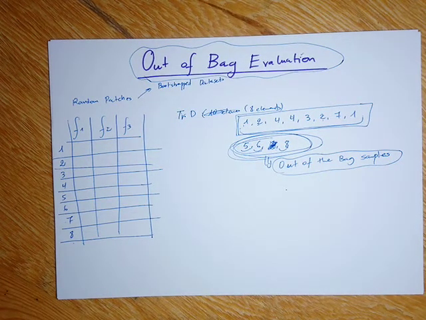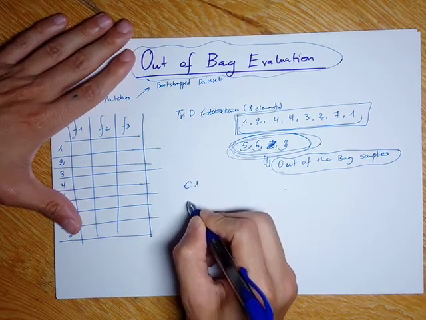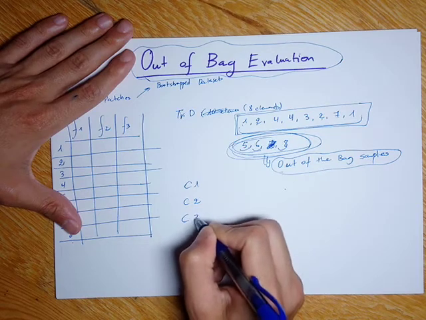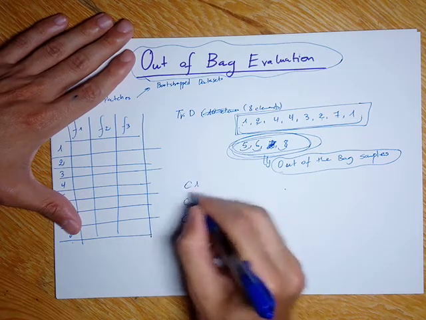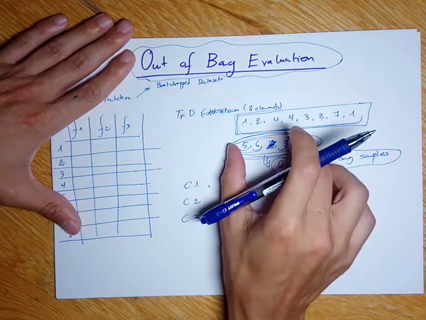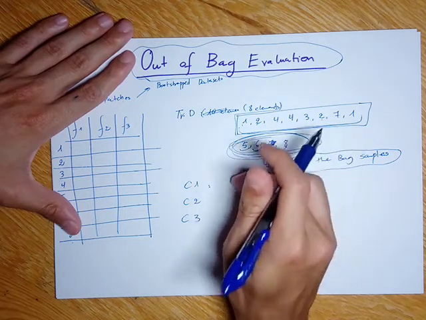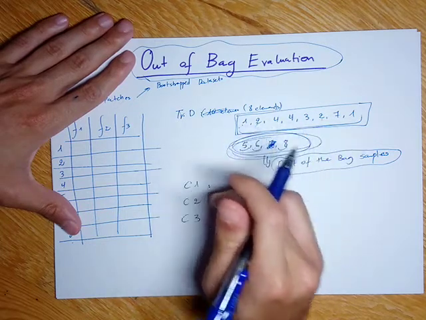Now, just to make things clear, how do we do this evaluation? Say that I have, for example, 3 classifiers, C1, C2, and C3. To evaluate this classifier, I take these samples and try to classify them, right? And the percentage of correct classifications is just the evaluation of this specific classifier.